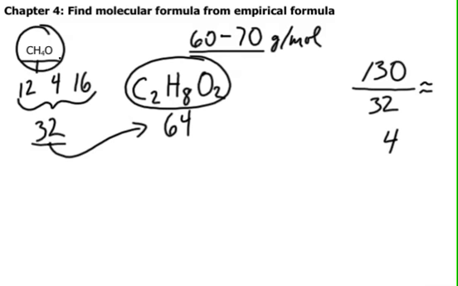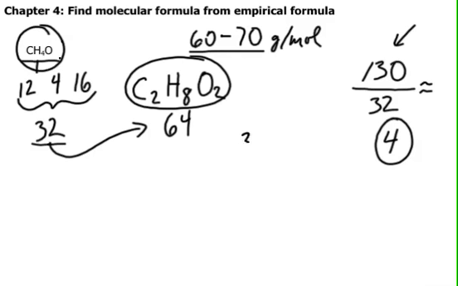So if I know that the molar mass is approximately 130, I can tell by doing that division that I need to multiply my empirical formula by 4 in order to get the molecular formula.